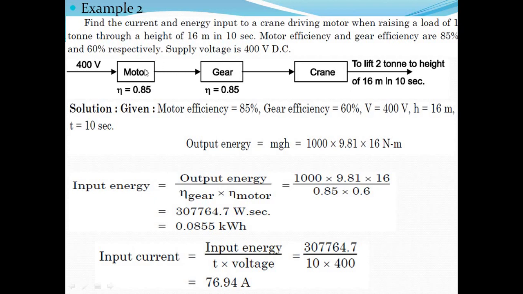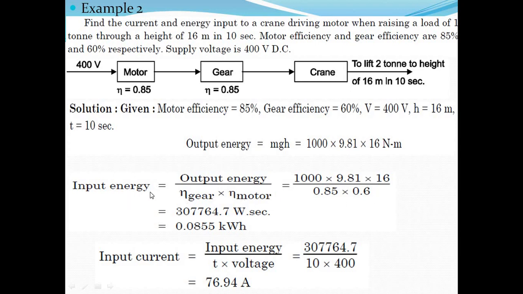Now here is a similar example, again from electrical to mechanical, and the mechanical energy is potential energy. Again the motor and gear efficiencies are given separately. So here we have to find the overall efficiency of gear and motor, 0.85 into 0.6.